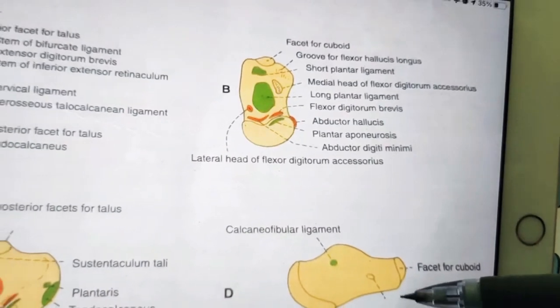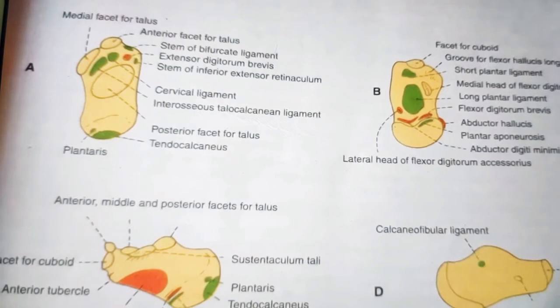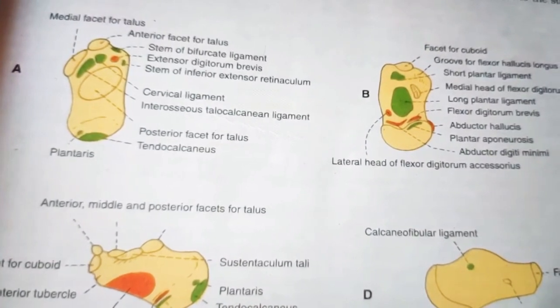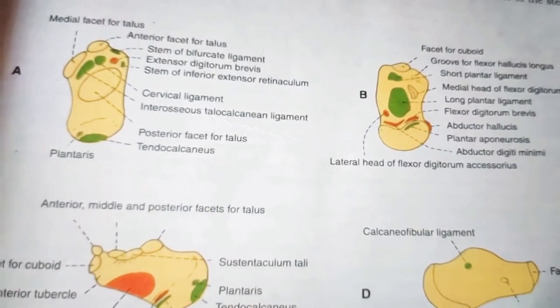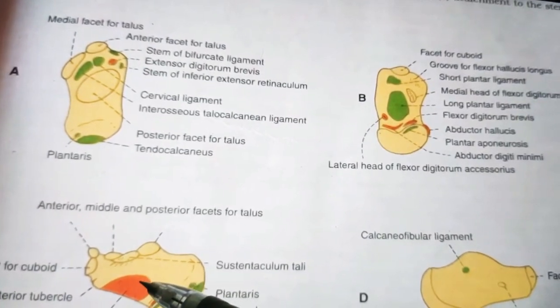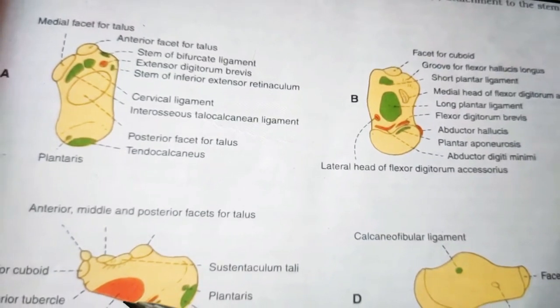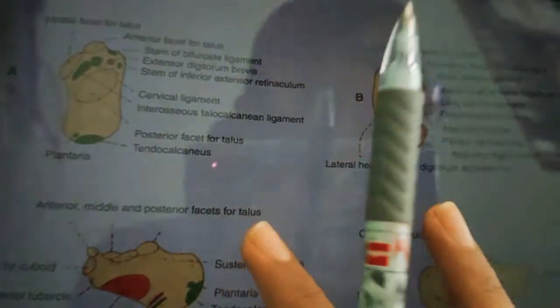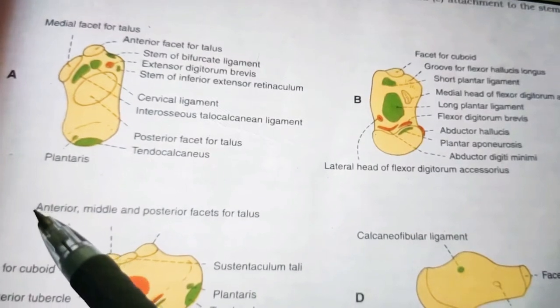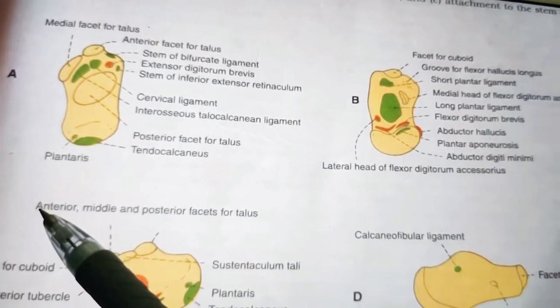Now coming to the medial surface, it is concave from above downwards, and the concavity is accentuated by the presence of a shelf-like projection of bone called the sustentaculum tali, which projects medially from its anterior superior border. The upper surface of this process assists in the formation of the talocalcaneonavicular joint.